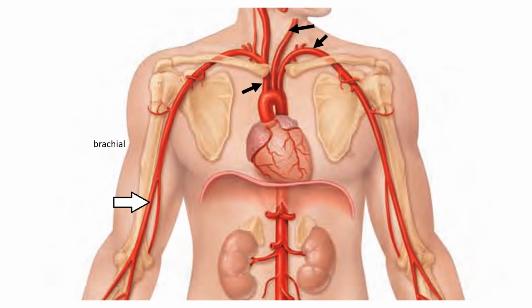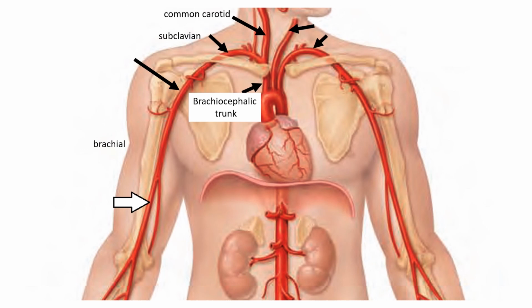This is the most right branch of the arch of the aorta, which is the brachiocephalic trunk, and it is going to give a branch called the common carotid to supply the head and neck on the right side, and then subclavian artery under the clavicle, and then it is going to change its name into the axillary artery, and then the brachial artery going into the arm on the side of the humerus.